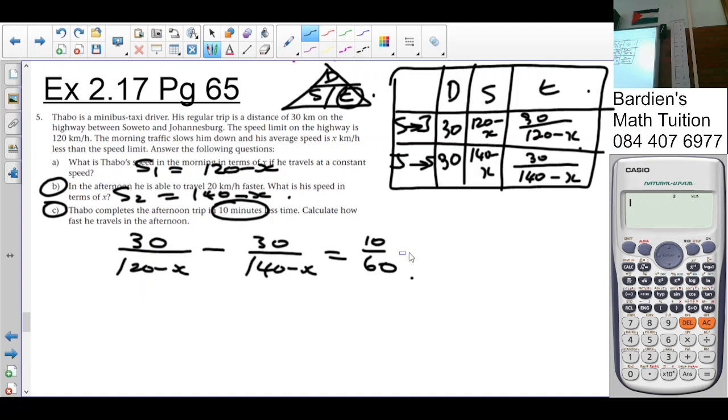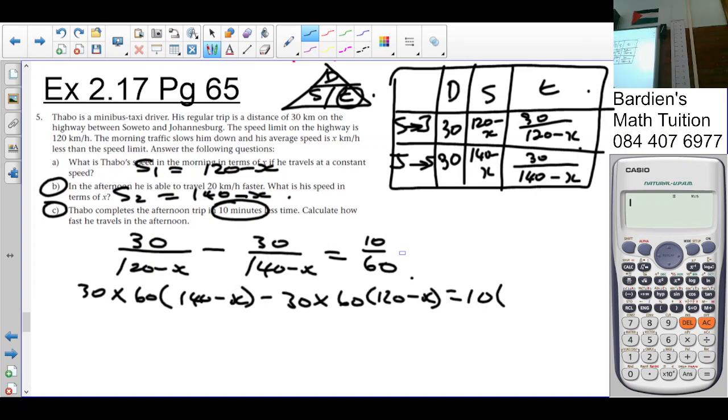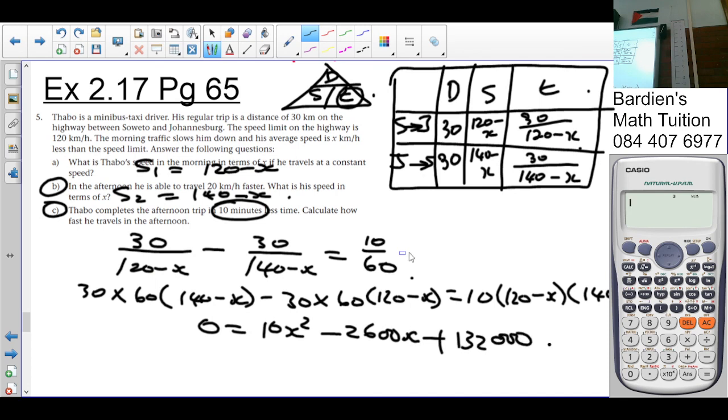So that basically gives us 30 times 60 into 140 minus X minus 30 times 60 into 120 minus X equals 10 into 120 minus X into 140 minus X. Multiply that whole story out, simplify, you should get 0 is equal to 10x squared minus 2600x plus 132 000. You plug that in your quadratic formula, you should get one of two values.